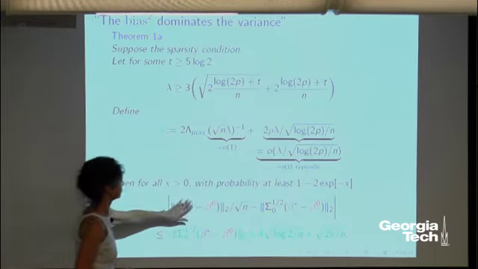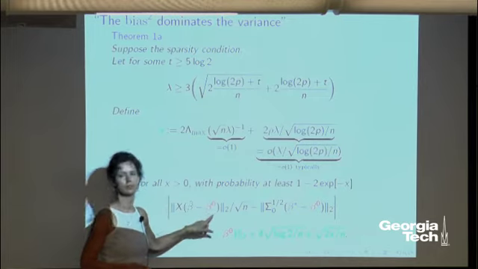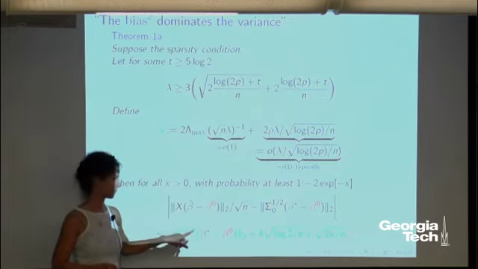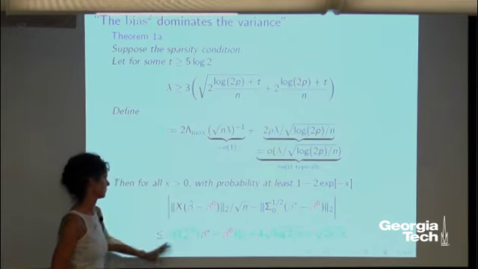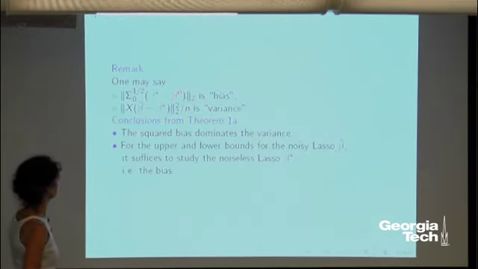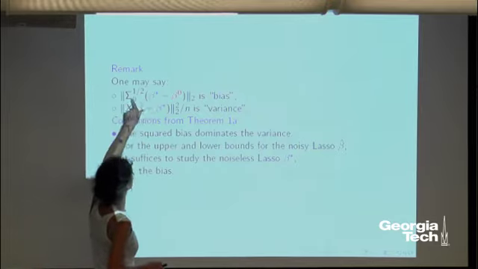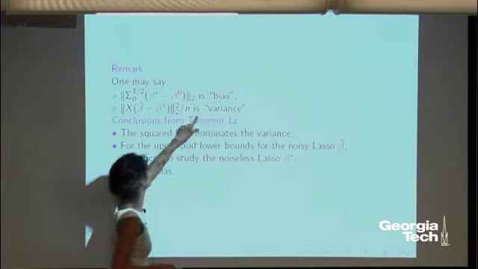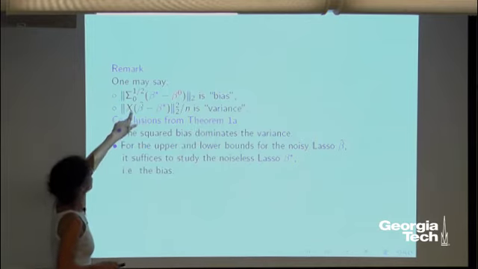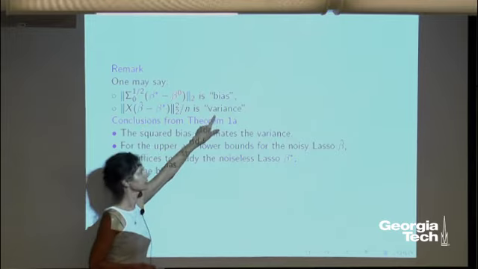Yeah, so this difference is of smaller order than the quantities itself. Okay, so you just can't forget about it. It's smaller order. Yeah, so the prediction error of the noiseless lasso is like the bias. And if you then compare the noisy lasso with the noiseless lasso, that's like the variance.